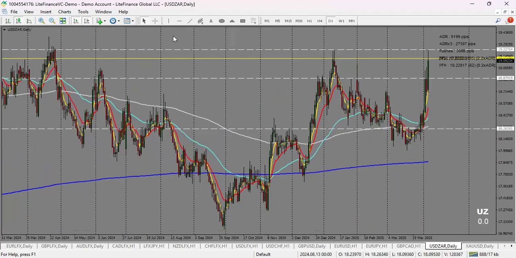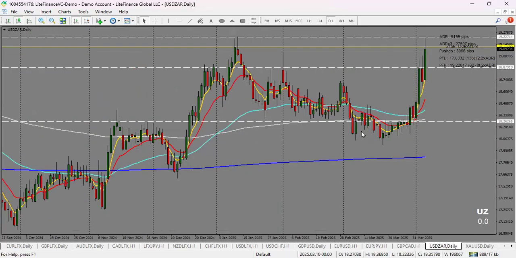So the daily time frame, you can see the bullish trend here, but then these are like 1, 2, 3. So the market might retrace a bit, form another support, and then continue up.